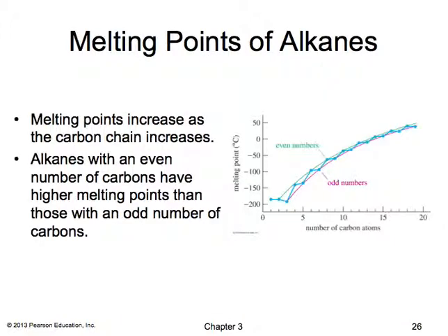The trend for melting points of alkanes obeys the same trend as the boiling points. Melting points increase as the carbon chain increases as well. Alkanes with an even number of carbons have higher melting points than those with an odd number of carbons. So that's good to know. And that's why you can see this up and down behavior.